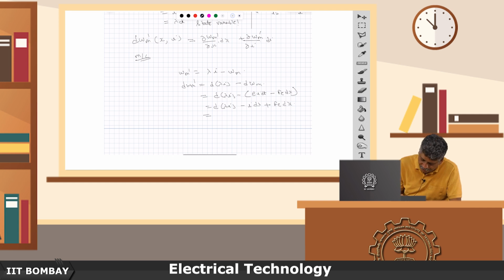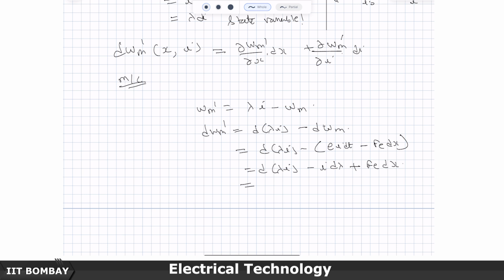When you expand this, the I times d lambda terms cancel out, and so you are left with lambda times di term here plus Fe times dx. These repetitions help, concepts we learn by repetition.